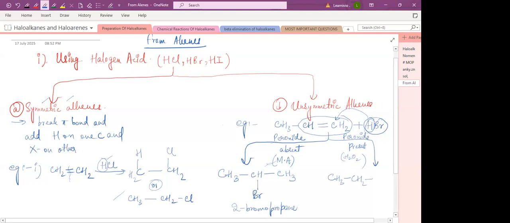The halogen group will attach itself to the carbon which has fewer hydrogens, right? So there the bromine will be attached, CH2 and Br. You can see over here that in both cases you get different products. So this is your 1-bromopropane.